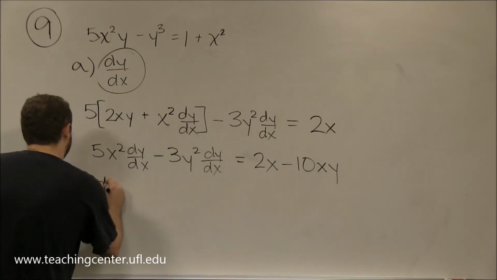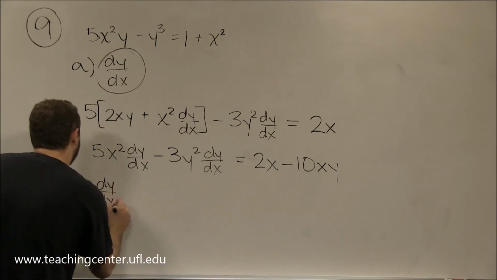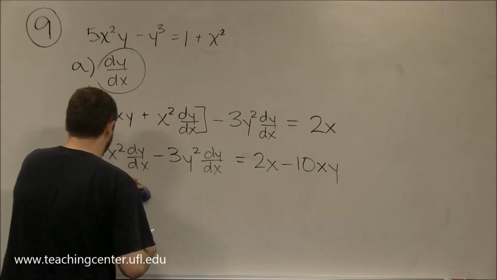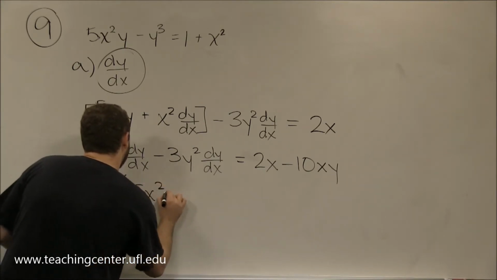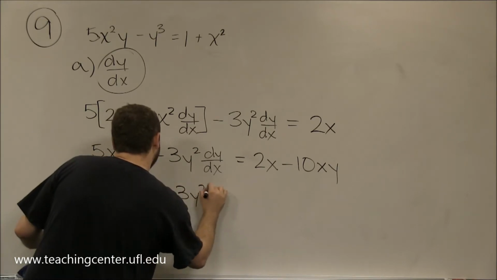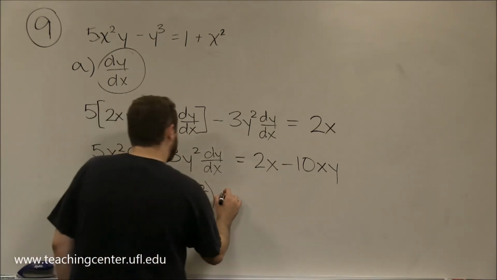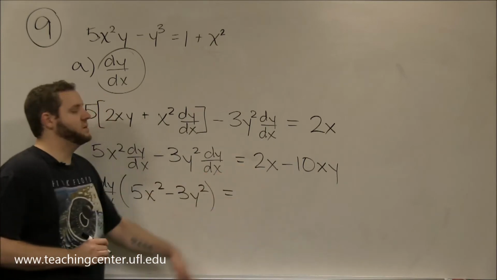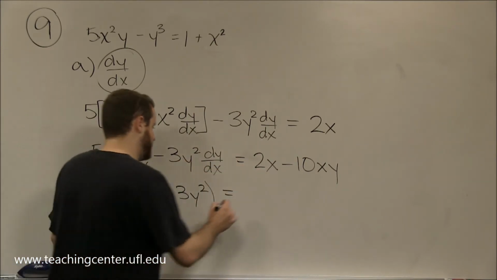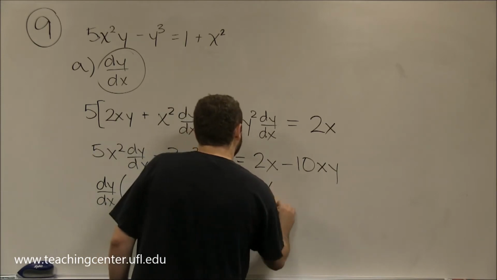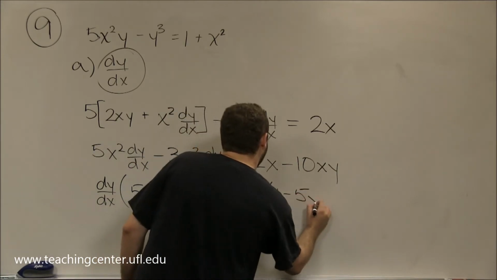So when you factor out dy dx, you end up with, on this side, 5x squared minus 3y squared, equals the same thing over here. But what I'm going to do over here is factor what we can. 2x minus 10xy, we can factor out 2x. This would be 1 minus 5y.